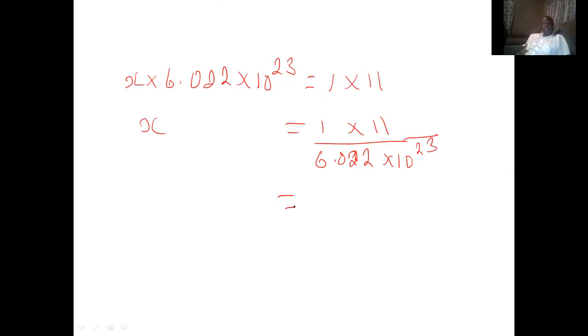And this gives us the mass to be 1.83 multiplied by 10 to the power negative 23 grams, which is the mass of 1 atom of boron.